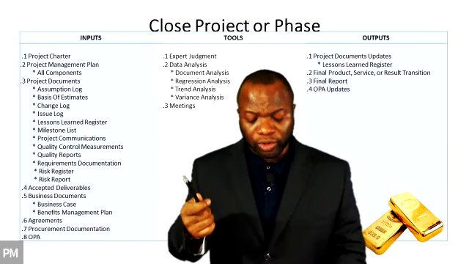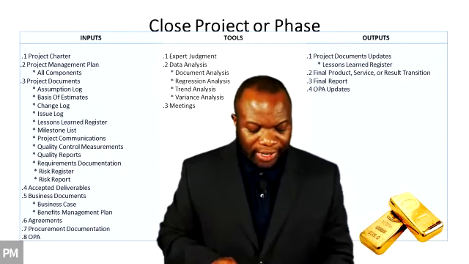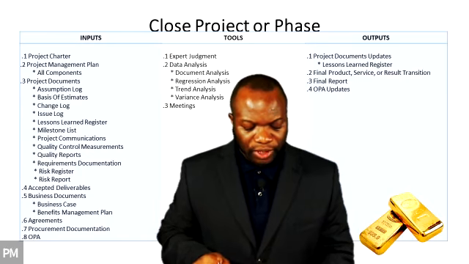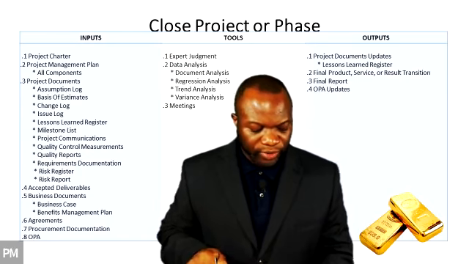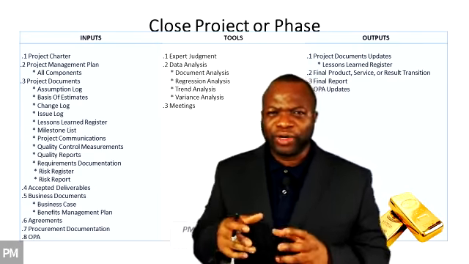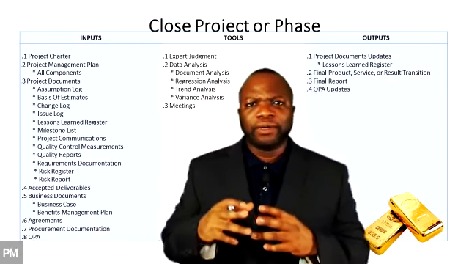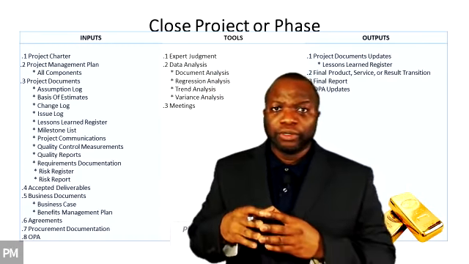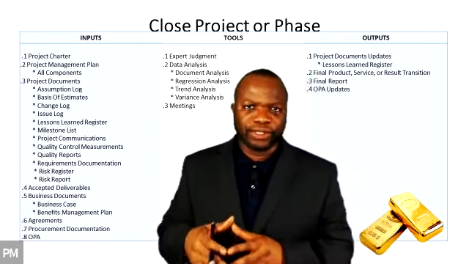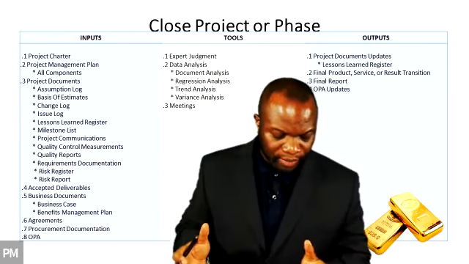It's a rather important one. Regression analysis, it says, analyzes the interrelationships between different project variables that contributed to the success of the project. In other words, you want to find out what actually contributed largely to the success or the outcome of the project, whatever that may be.